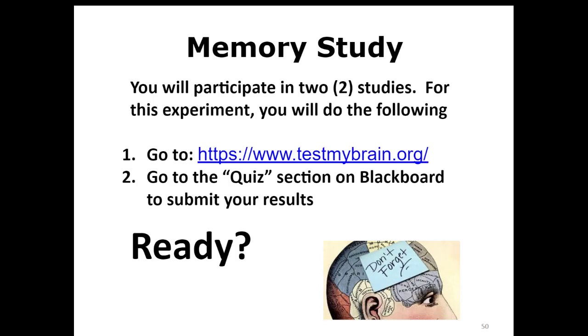After you take each one of the quizzes, I want you to save your results and submit them into one of the quizzes into Blackboard. So what you're going to do after you get off of this lecture, you're going to go into Blackboard, find the quiz that's called Memory Study, open it up, then go into testmybrain.org, take the 2 tests, and each time you get the results for each one of the tests, please paste the results into the fields in your quiz, right?